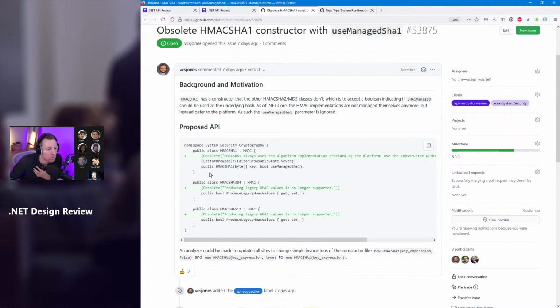And additionally, the HMACSHA1 type had a boolean of should it use managed SHA1 for managed HMAC instead of using native SHA1 for managed HMAC. It turns out we don't even do managed HMAC anymore, we do native HMAC, so this boolean is ignored, and if you're calling it, you should just call the other constructor. So things that have never worked in core, now that we're obsoleting things, we should obsolete.